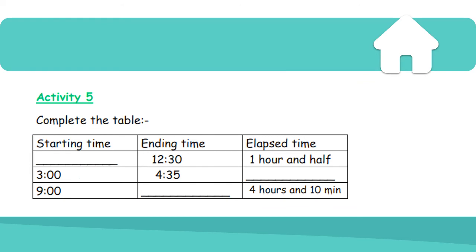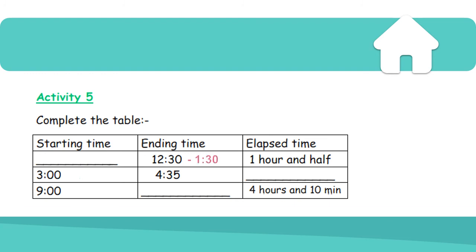The last activity, activity number 5, complete the table. I have starting time, ending time, and elapsed time. On the first one, I have the ending time is 12:30, and the elapsed time is 1 hour and a half. So I have to go back 1 hour and a half before 12:30. I can subtract 1 hour and a half.